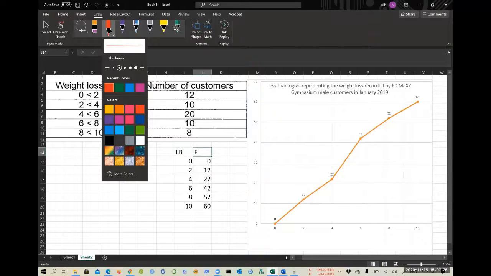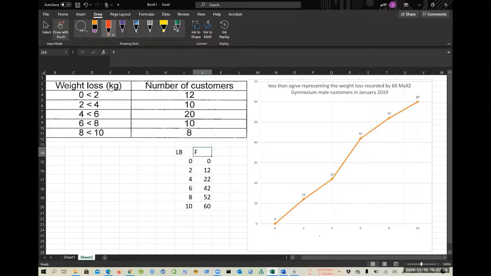Okay, so this will be the weight loss, and then this will be the number of customers. So n here, right? So the axis will be n, number of customers. So just now I forgot to put the axis. And make sure you have the title over here. Okay, title. So this gives you the ogive.